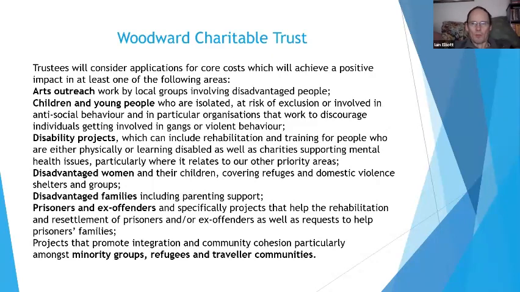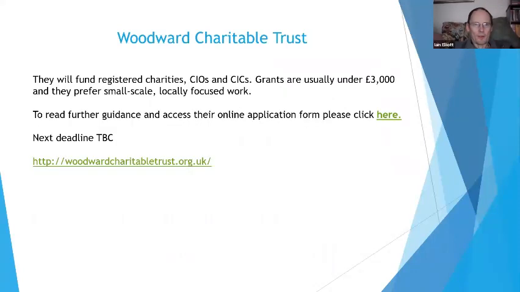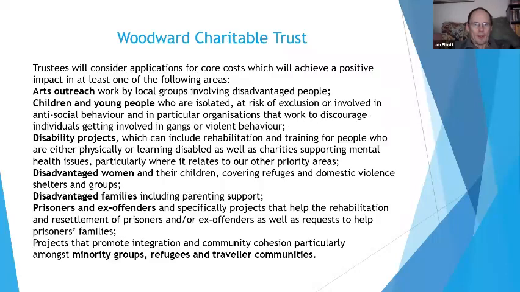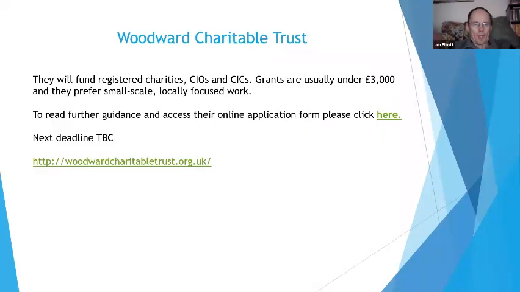They fund the following areas: arts outreach, children, young people, disability projects, disadvantaged women, disadvantaged families, prisoners, ex-offenders. They will fund registered charities, CIOs, CICs, grants usually under £3,000. Next deadline is to be confirmed.